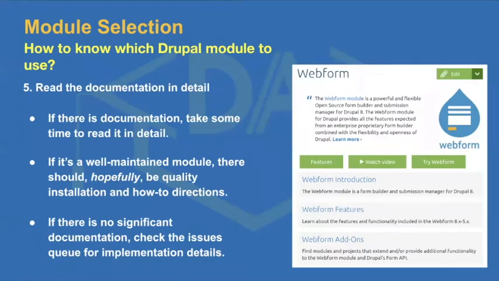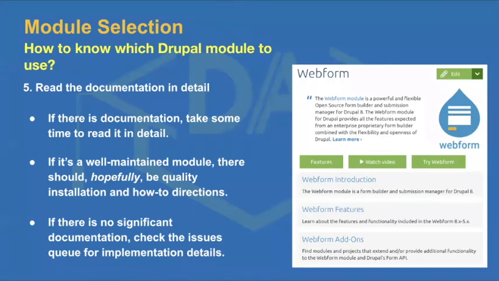All right. The next part is the documentation. This is important. Sometimes when you choose a module, how to implement, install, and use the module might not be clear. If there is good documentation, that is really helpful.